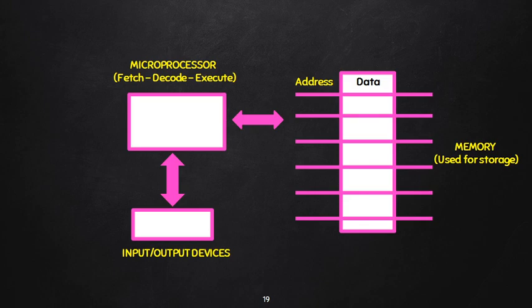Microprocessor is the central part of any microcomputer which will fetch, decode and execute the instruction which is stored inside the memory. What are I/O devices? I/O devices are used to take the input from the outside world and give the output to the outside world. The input output devices and memory are connected to the microprocessor using the system bus.